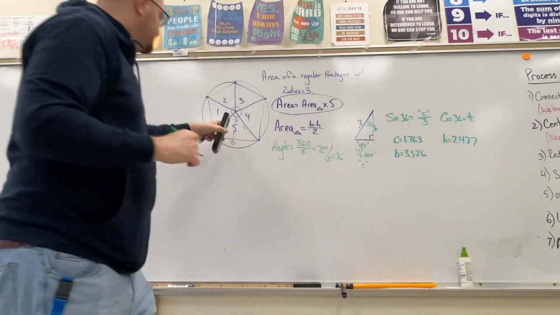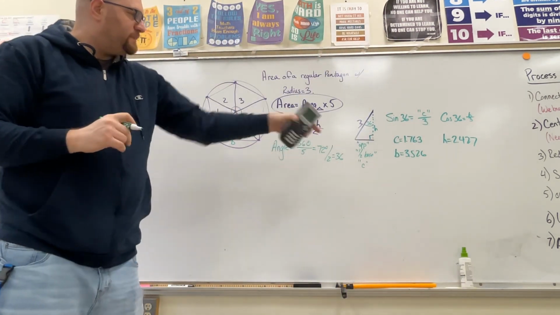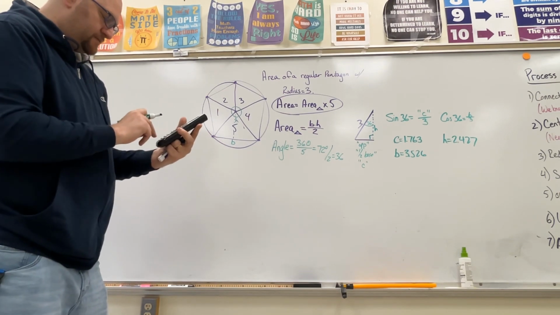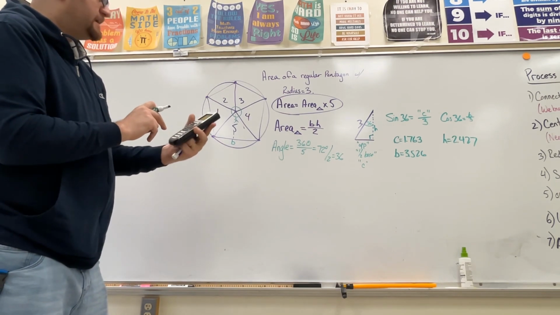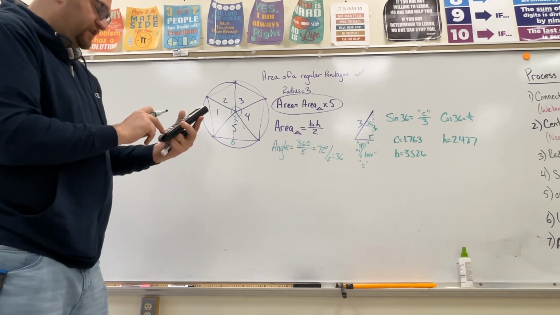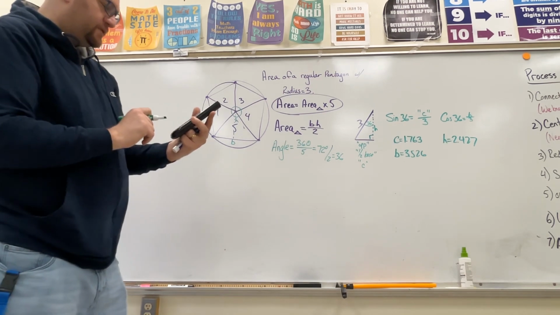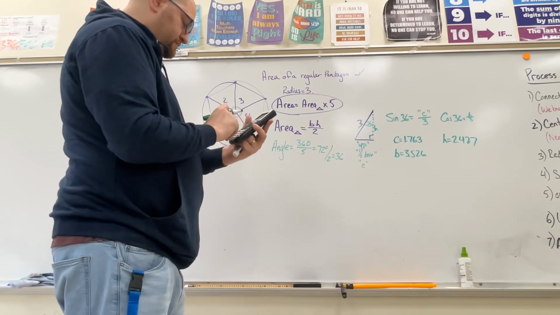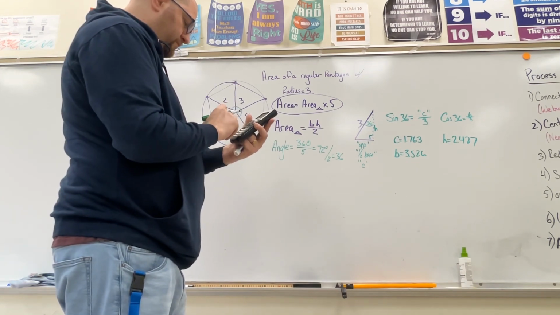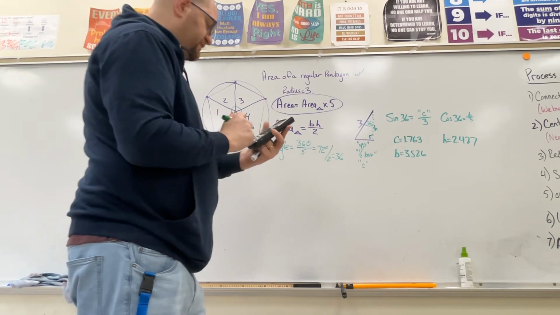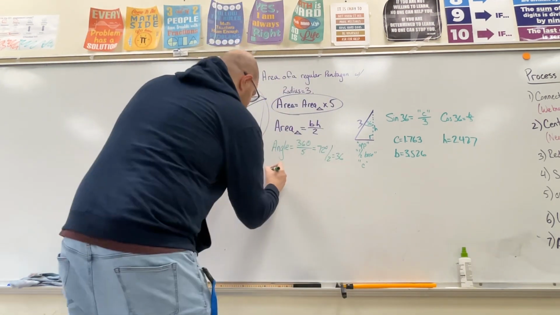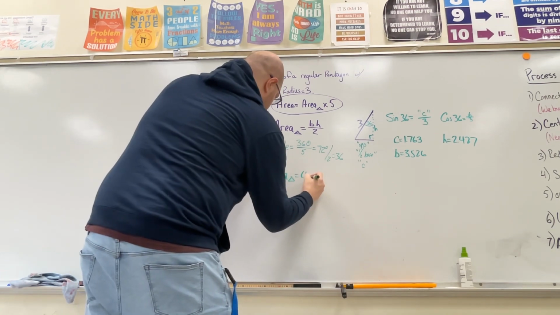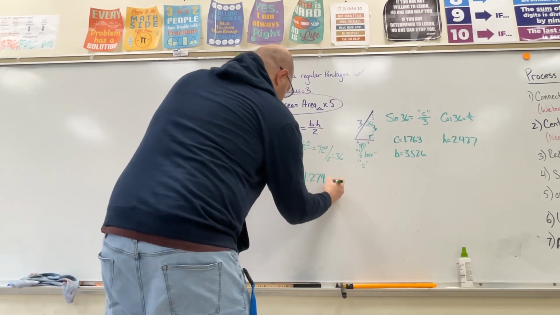So now my goal is to find the area of the triangle. The base, 3.526, times the height, 2.427, divided by 2. When I divide that by 2, I get that the area of the triangle is 4.279.